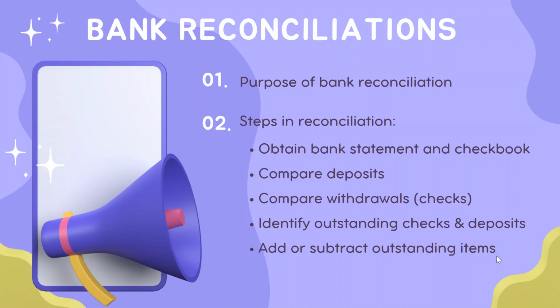So then you're going to add into your check register, you're going to subtract the things that are on the bank statement. For example, if you have a fee, like an NSF fee or something, you haven't put that in your check register, so you need to subtract that.